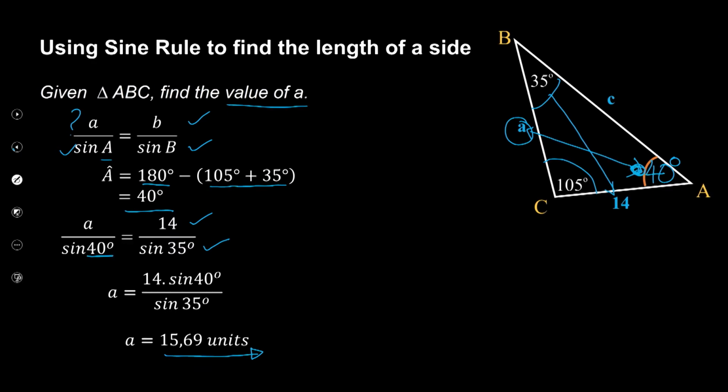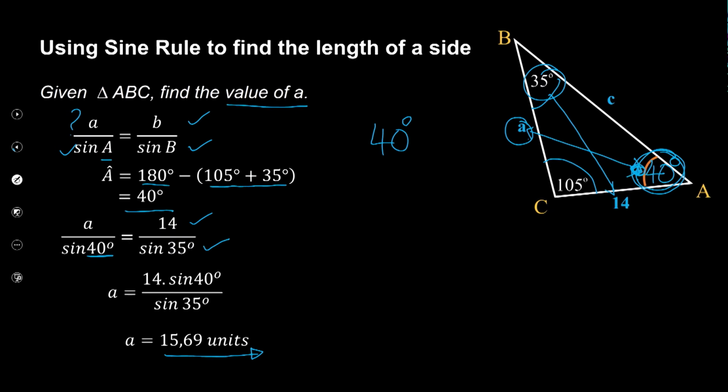Now, if we look at what we found earlier, we notice that the angle 35 was across 14. And the side we found now was across this angle A with the size of 40. Angle A had a value of 40 degrees.